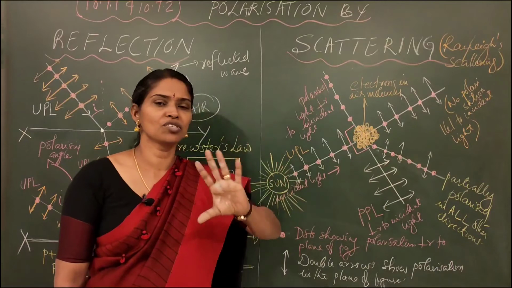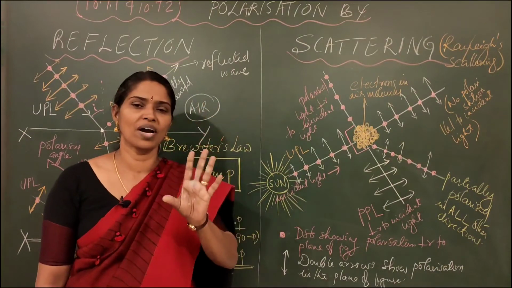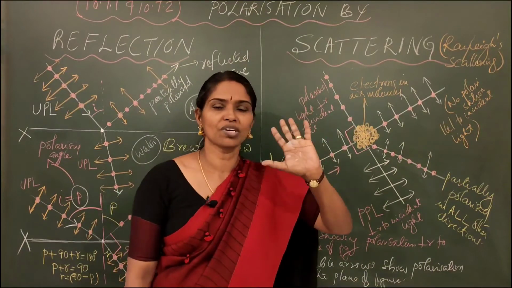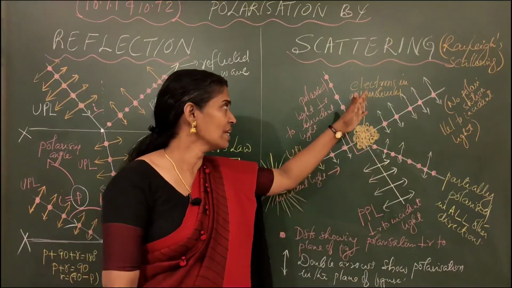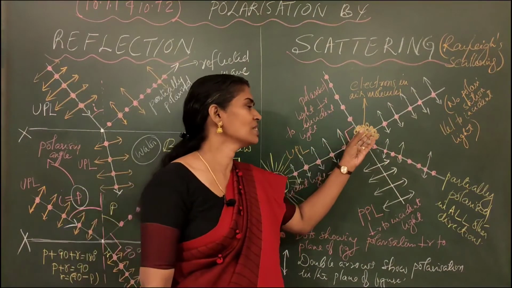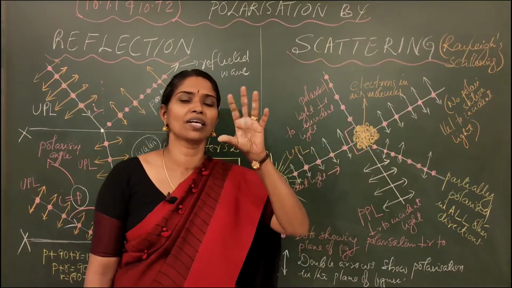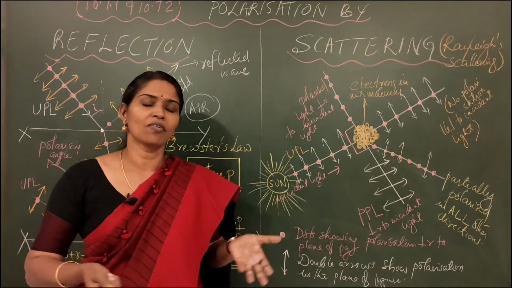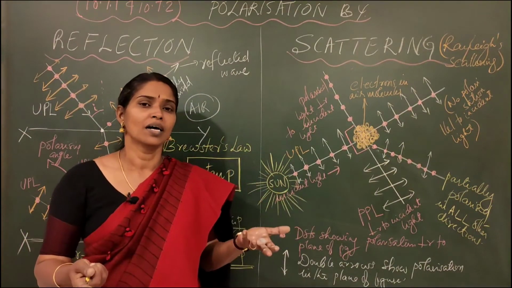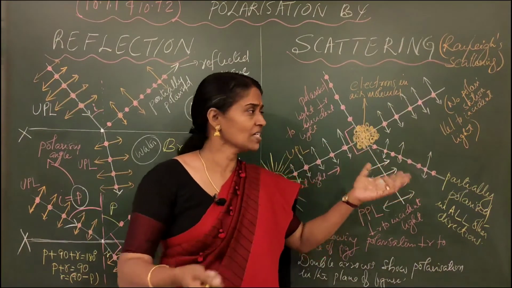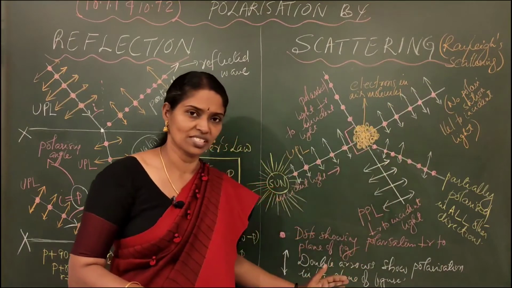You know, in the atmosphere we have air molecules where you have atoms, molecules, etc. Well, inside you have protons, neutrons, electrons, etc. The electrons get excited, so the molecules get excited and the vibrations are happening in various modes. So it can vibrate in all possible directions. So in that particular case, waves are generated in all the directions.